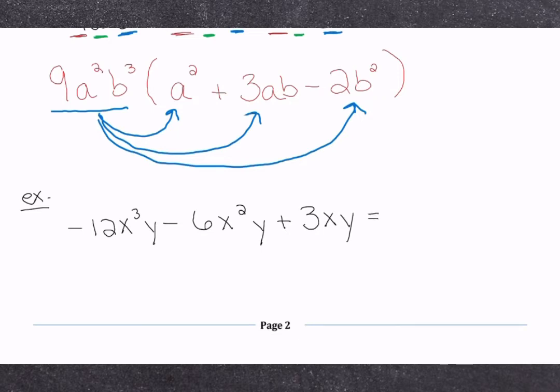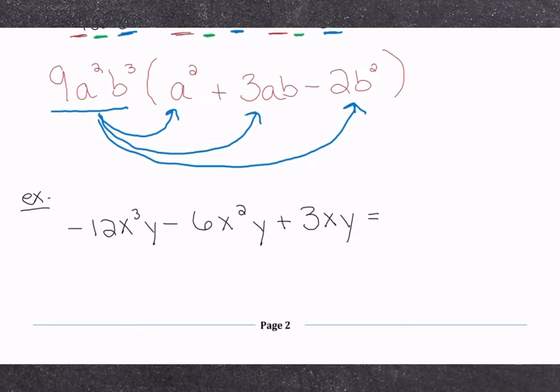One thing I want to make note of, and a lot of times it's not brought up until it happens, but if you start practicing now, it will help. When you're taking out a GCF, you always want your first term inside the parentheses to be positive.